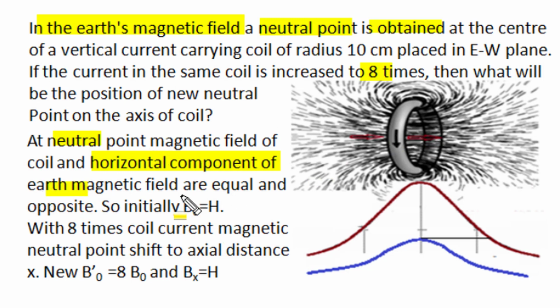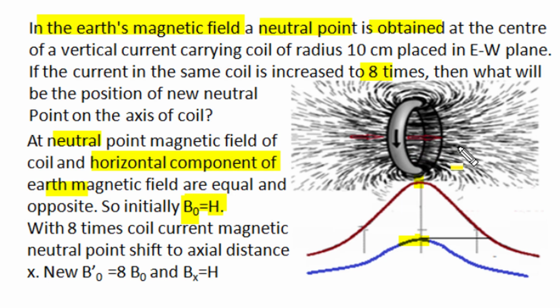So we can say the magnetic field at the center of the coil becomes equal to the horizontal component of the earth's magnetic field. At the center the coil produces its maximum magnetic field, and that is equal to the earth's horizontal component. Now when we increase the current in the coil by 8 times, its magnetic field, proportional to the current carried by the coil, becomes 8 times at the center.